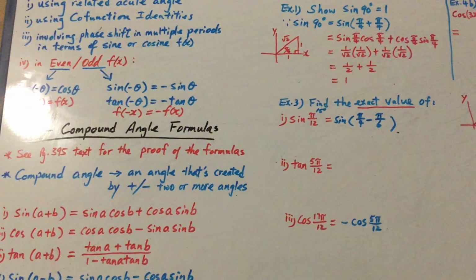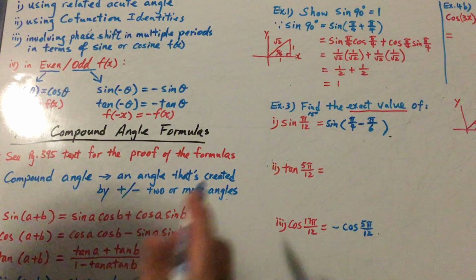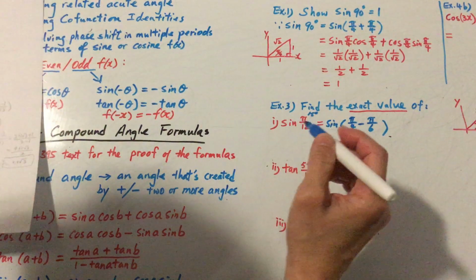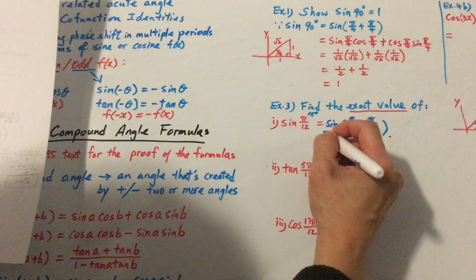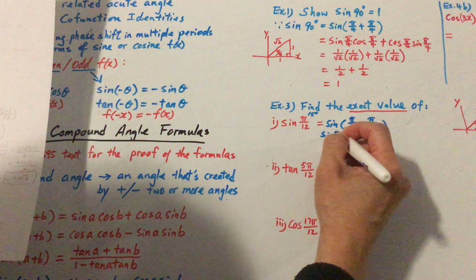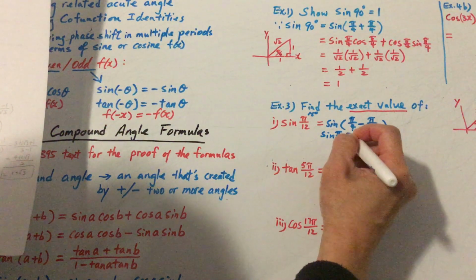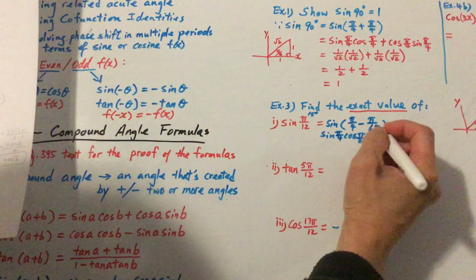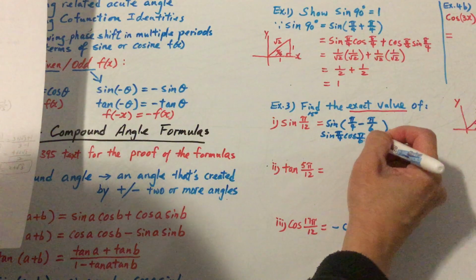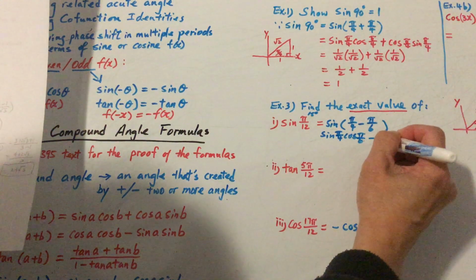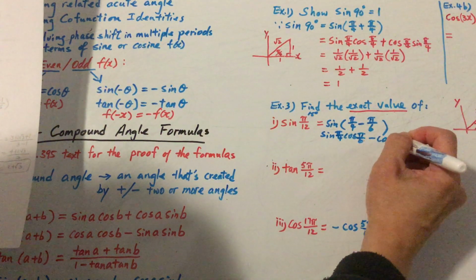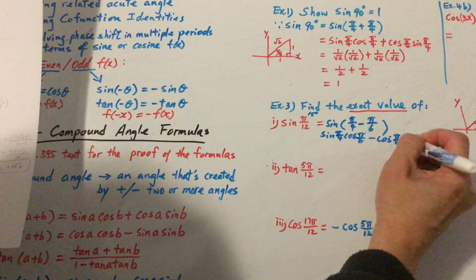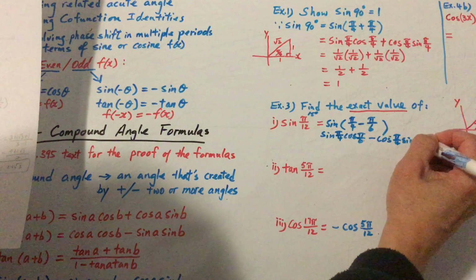So this is what I'm going to do over here. That means I'm going to take the sine of pi over 4, cos of pi over 6, but I'm going to minus the cos of pi over 4 and the sine of pi over 6.